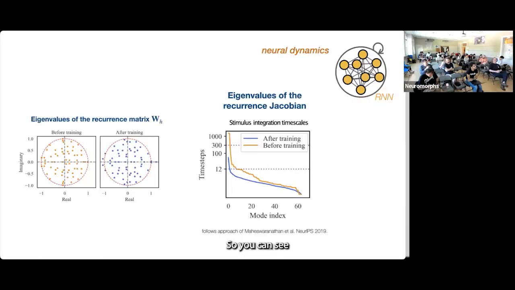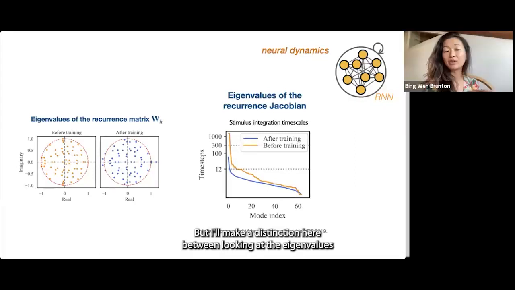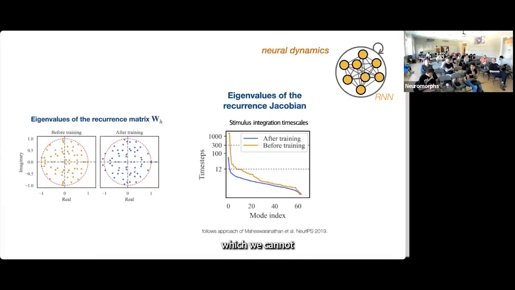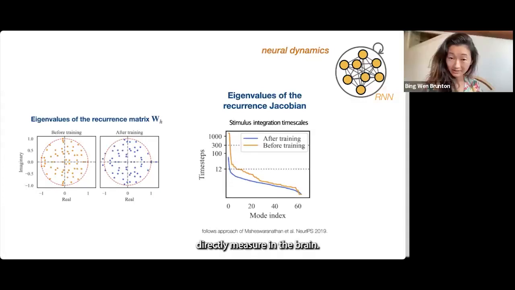But I'll make a distinction here between looking at the eigenvalues of the neural activity versus looking at the eigenvalues of the connectivity matrix, which we cannot directly measure in the brain.